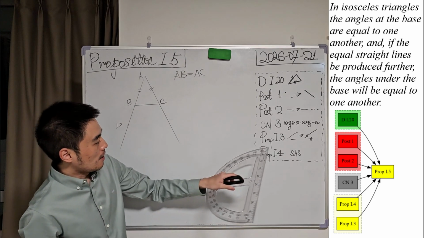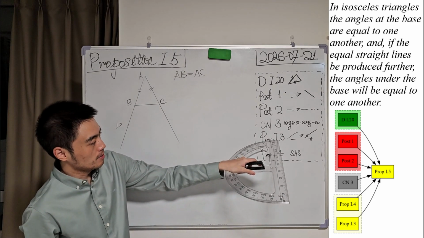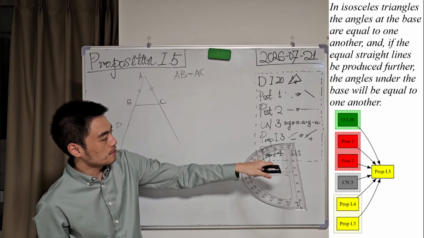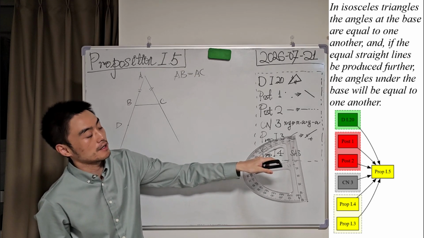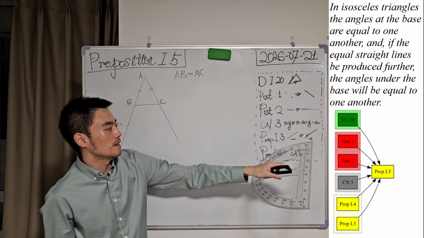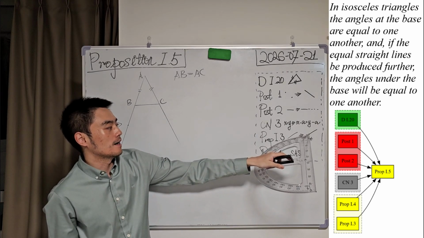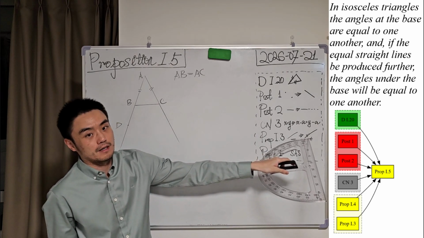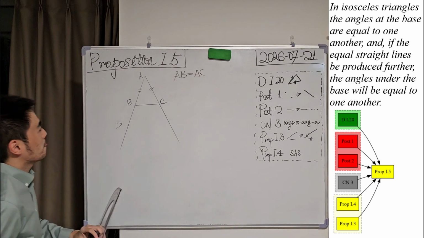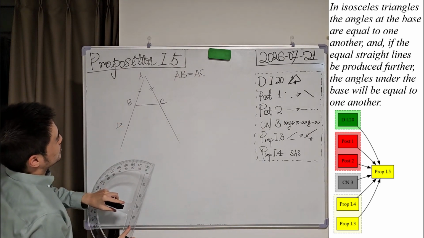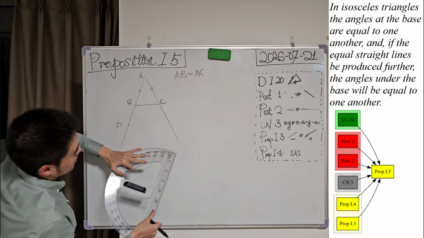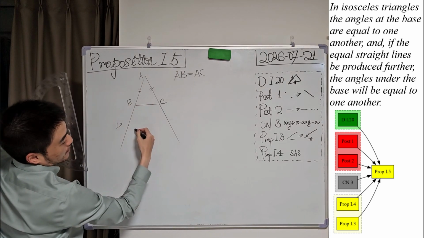And then please recall proposition 3. Given two unequal straight lines, we are able to cut off from the longer one a straight line that is equal to the shorter one. Great. And in this proposition, let's assume this is the longer one and AD is the shorter one.